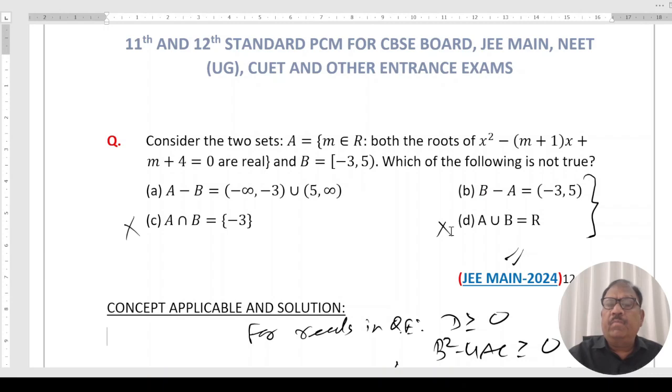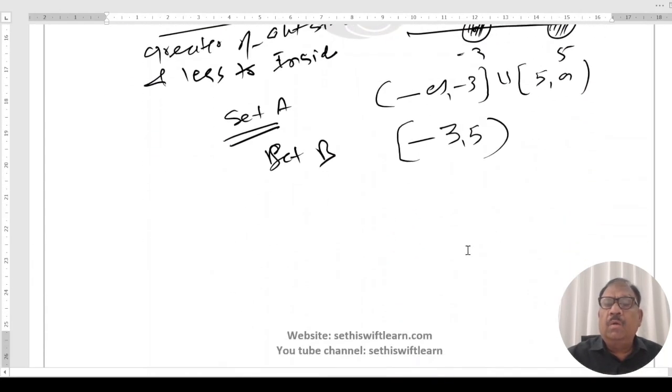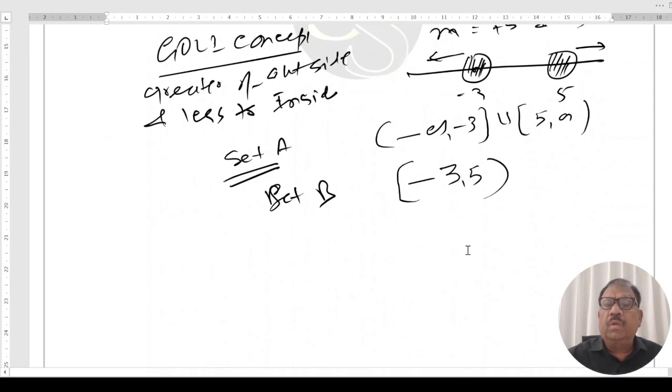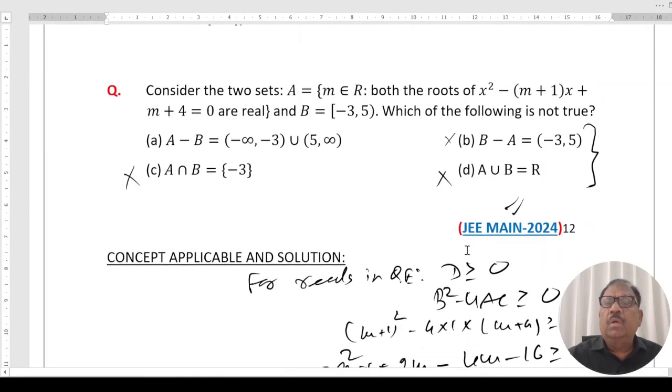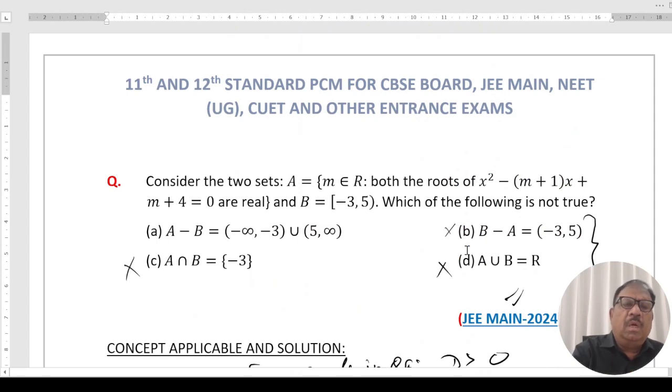B minus A is minus 3, but this is not the wrong answer. This is which is not true: minus 3, 5. So this is the answer, this is not true.